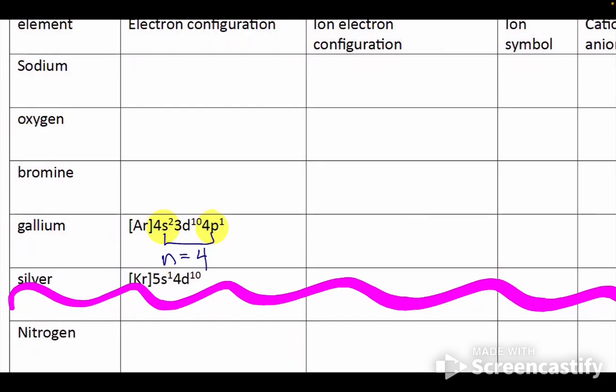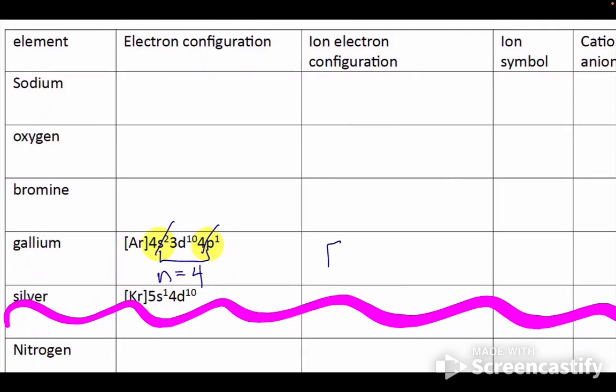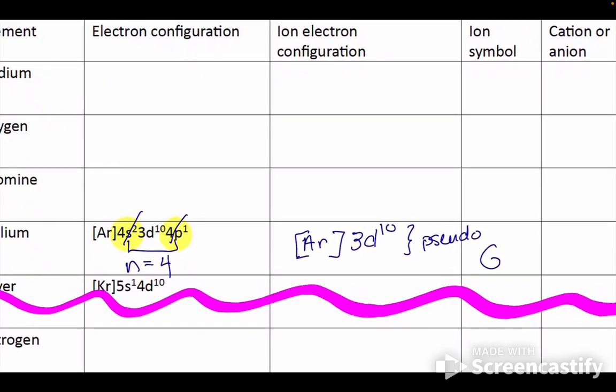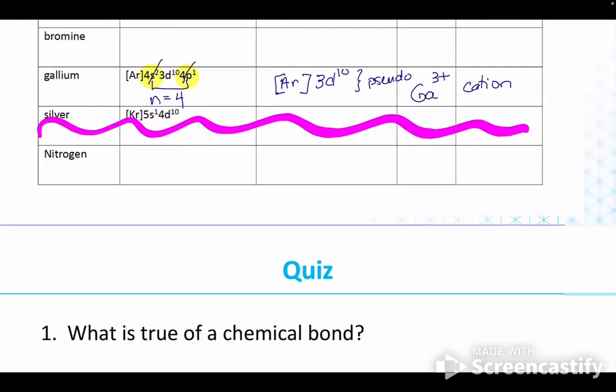It will lose those, and then it'll end up being electron-like argon with those d electrons. So this is an example of a pseudo noble gas. The symbol, because it lost 3 electrons, is going to be +3, and this is a cation.